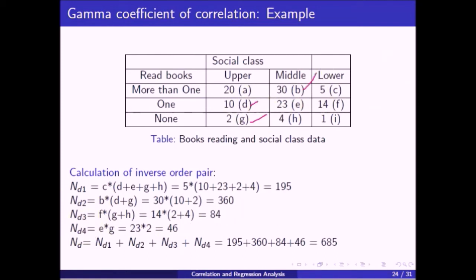ND3 is F into G plus H. And ND4 is E into G. If you put in all the values, ND4 is 23 into 2, so it is 46. So ND1 is 195, ND2 is 360, ND3 is 84, ND4 is 46. If you add all these values, ND is 685.